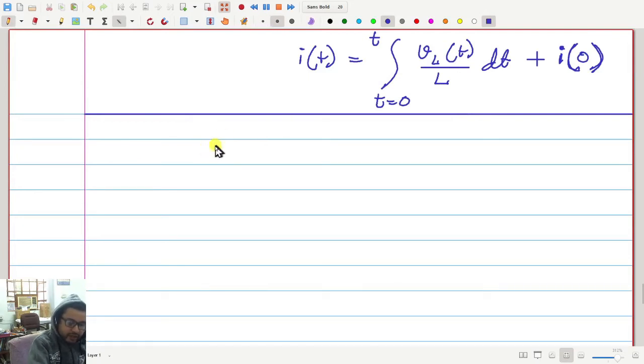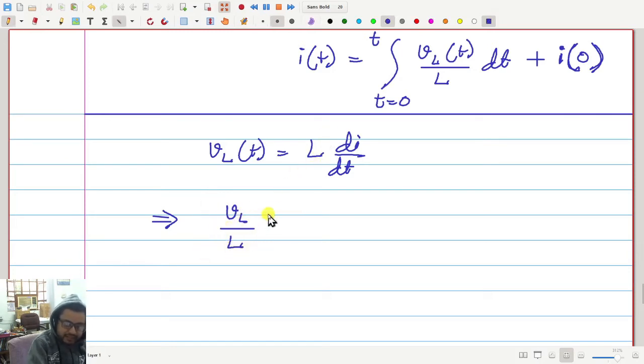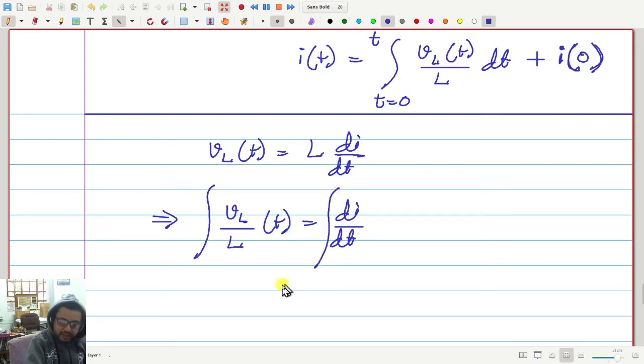So we have VL(t) is equal to L di/dt. Now let me do an integration of both the sides, and I have to do the integration for some limit.